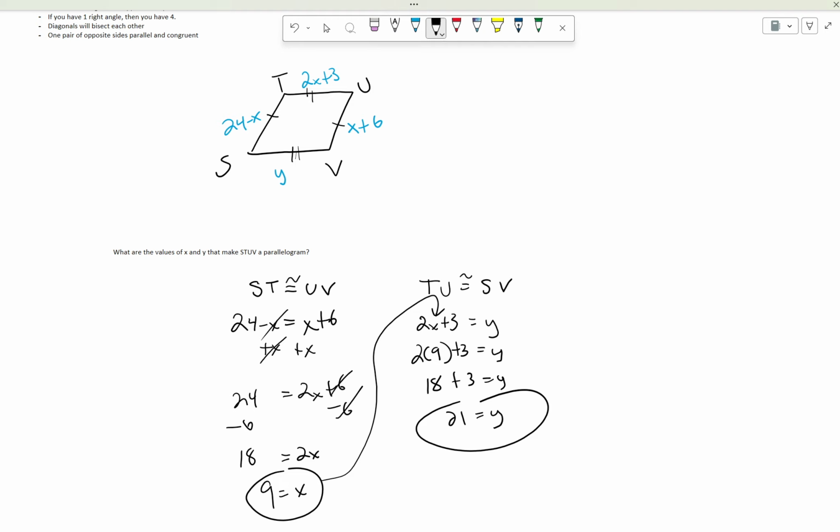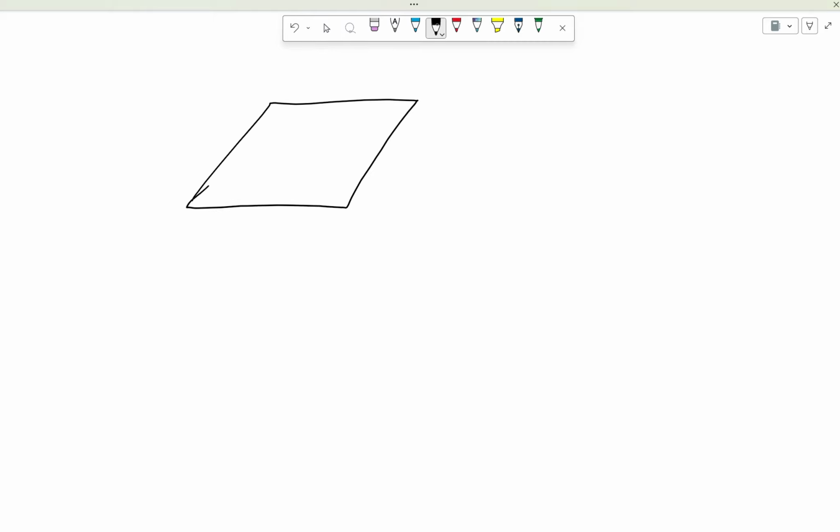All right. Next up, just 2 more examples here tonight. We have C, D, E, F as our diagram here. And I've got these diagonals.